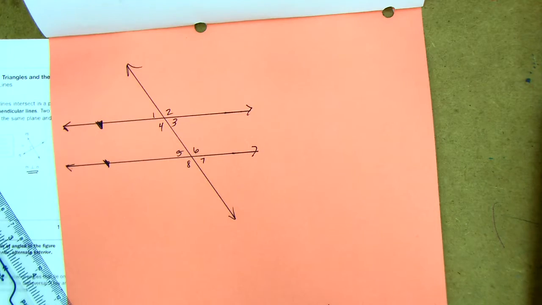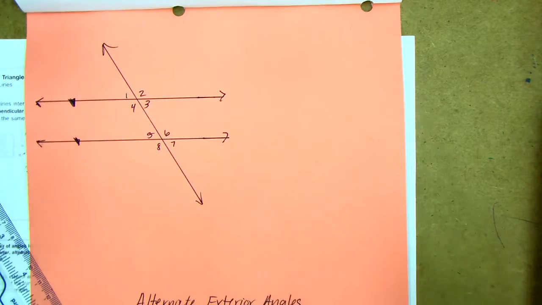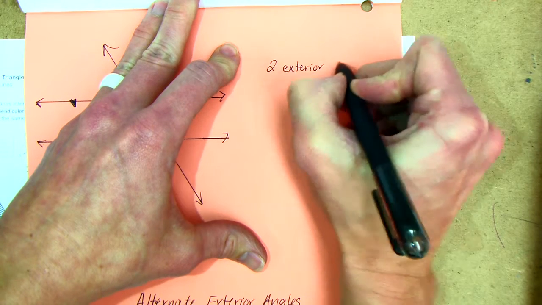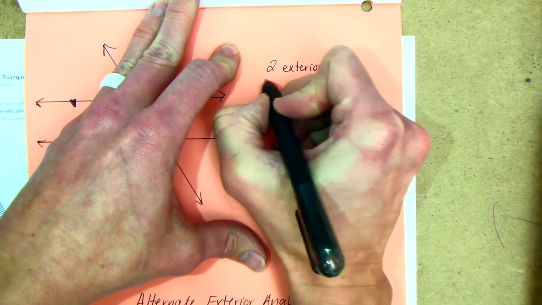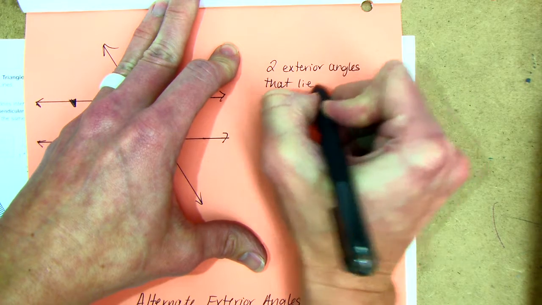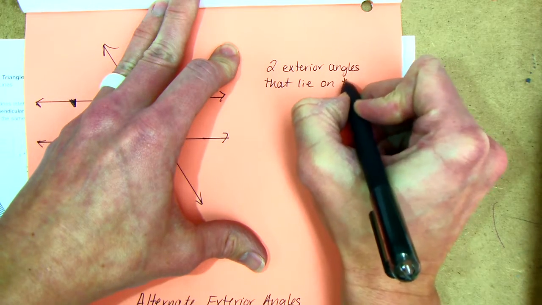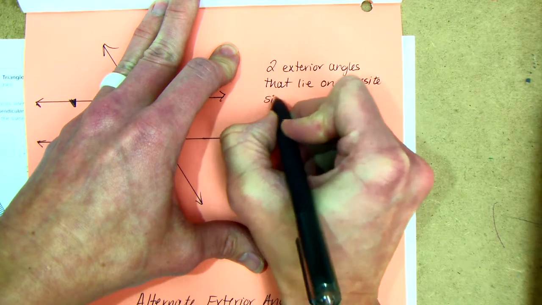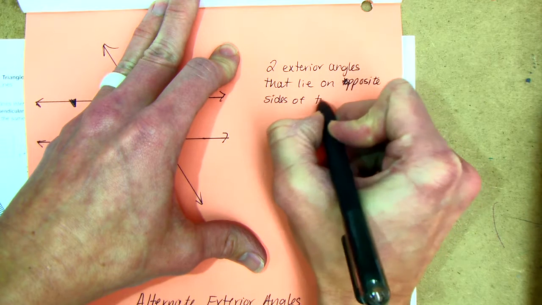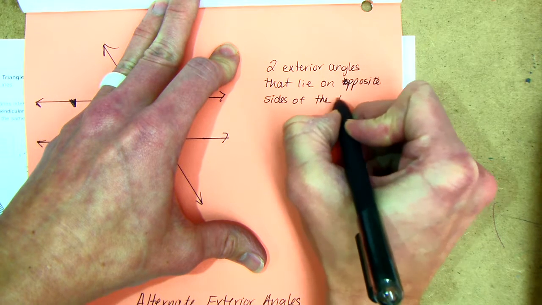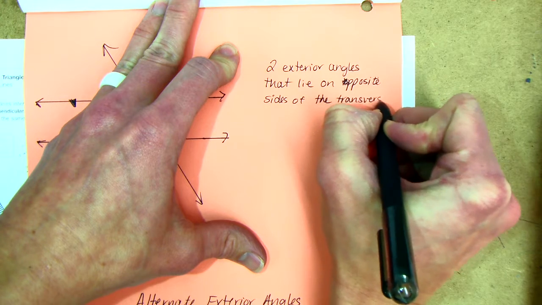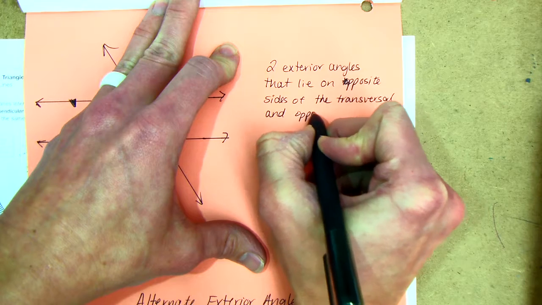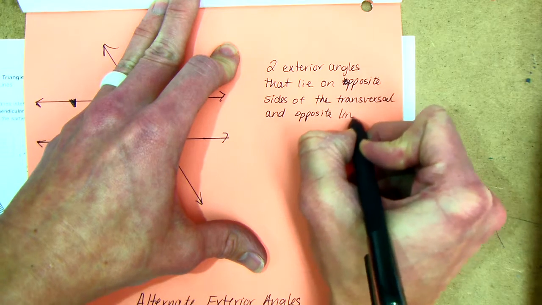Two exterior angles, so alternate exterior angles, you may have already guessed, are two exterior angles that lie on opposite sides of the transversal and opposite lines.